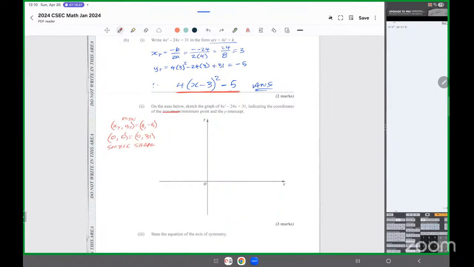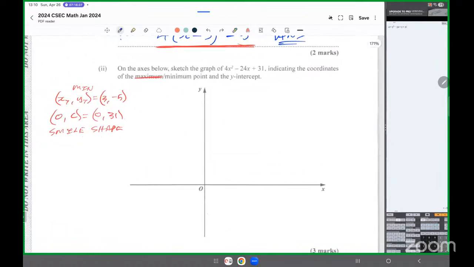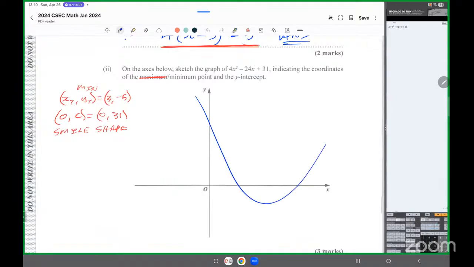That's what you have to draw. Right? So the graph is going to look something like that, as a sketch. Now put this point here as 3, negative 5. Put this point as 0, 31. Y-axis intercept, c value. That's a sketch.